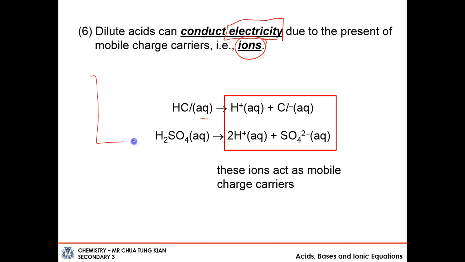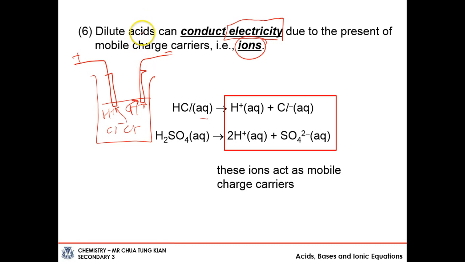So if I have a solution here with H plus and Cl minus inside, and I were to stick in two electrodes here, one with a positive terminal, one with a negative terminal, my Cl minus will migrate to the positive terminal, my H plus will migrate to the negative terminal, and this migration actually contributes to the flow of current.